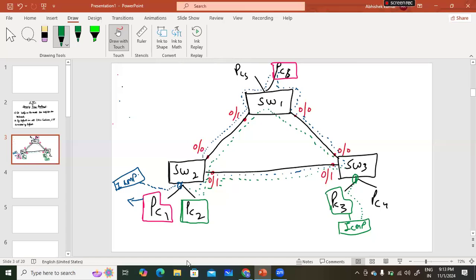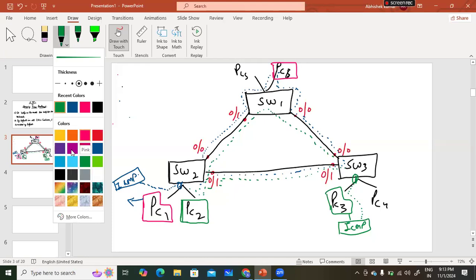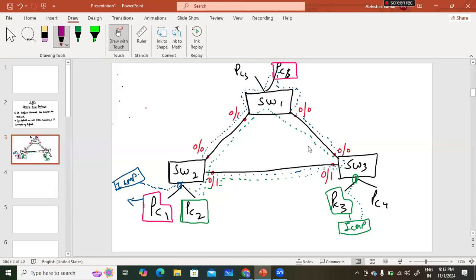Okay. Just see very carefully here. Don't you think a loop has been forming there? See very, very closely. A loop has been forming there. If STP has not been enabled, then this thing can take place.